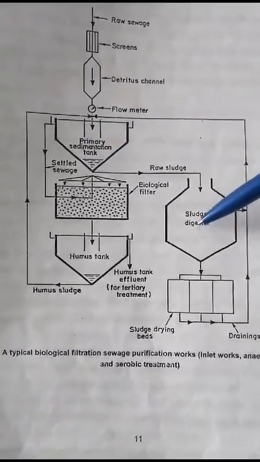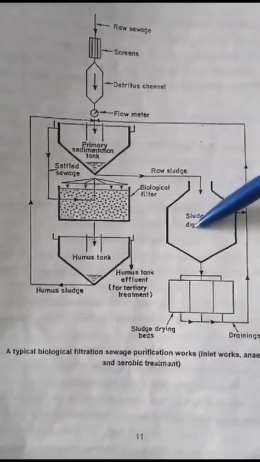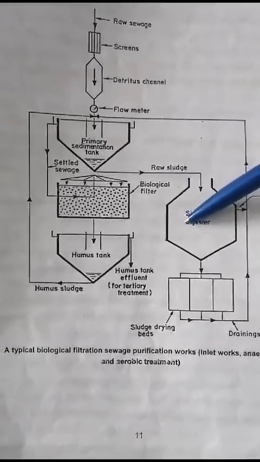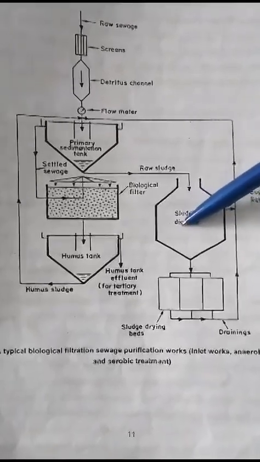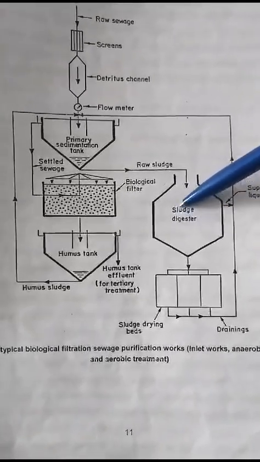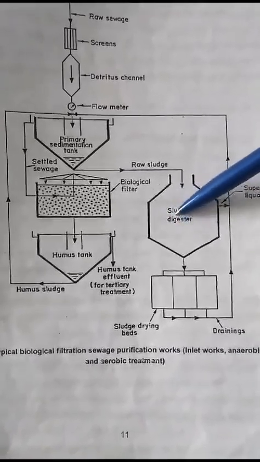So here, in the sludge digester, the sludge will be digested. The reason for us to digest the sludge is to ensure that the sludge won't be having any odor, and the final products of sludge digestion are water, methane gas, and carbon dioxide.